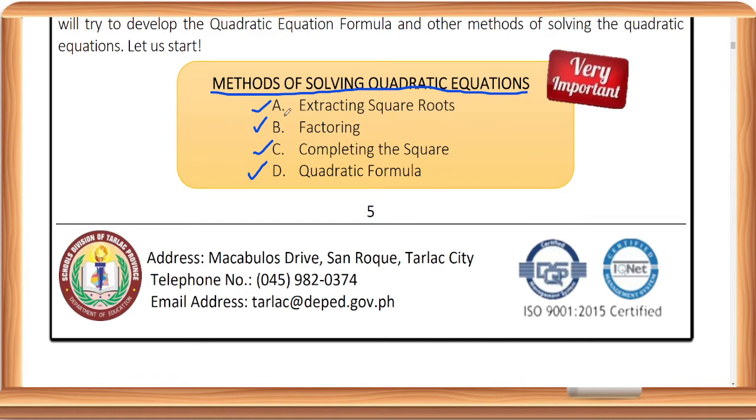We're going to start first with extracting the square roots and factoring. Maaaring ito ang makover ng lesson natin for today, and then siguro next week na tong dalawa, no? So pagka sinabi nating solving quadratic equations, it means that we are looking for the value of x, or we are looking for the roots.